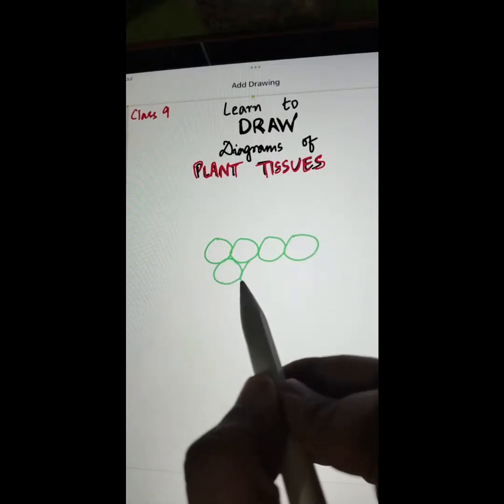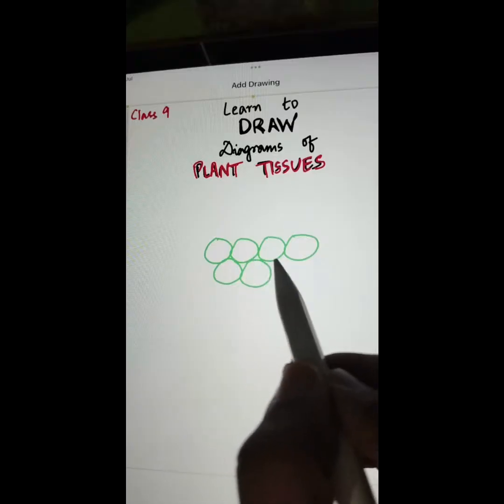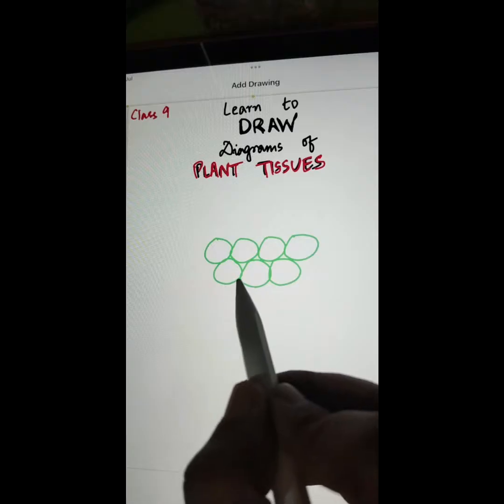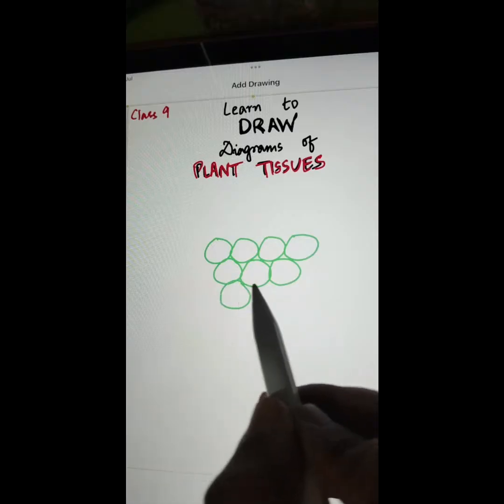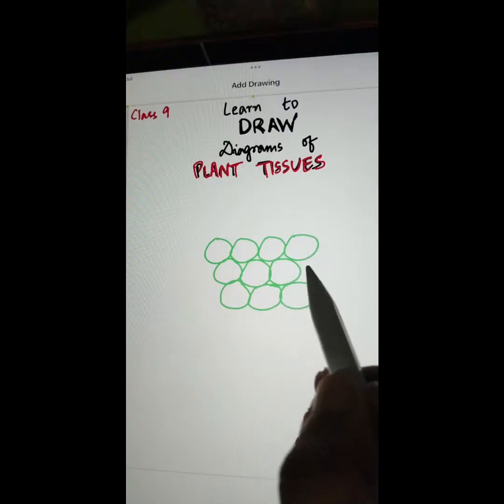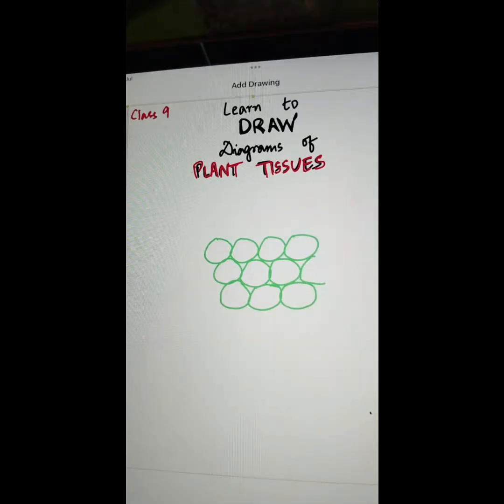While making the cells, you need to be careful. Please make the end point of each circle neatly. See, I am trying to cover each cell in a definite way because end to end connection is there between the cells. So this is how parenchyma cells can be drawn.